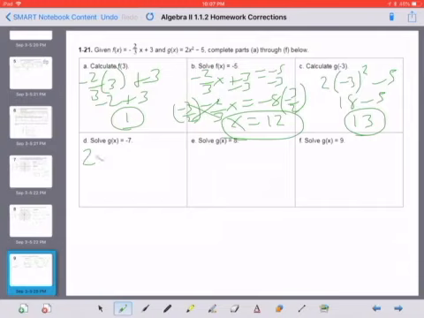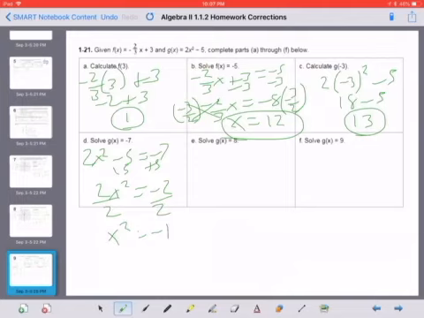So we have 2x squared minus 5 equals negative 7. So we get 2x squared equals negative 2. x squared equals negative 1. Then we have to square root both sides. Since I can't take the square root of a negative number, x is actually undefined.